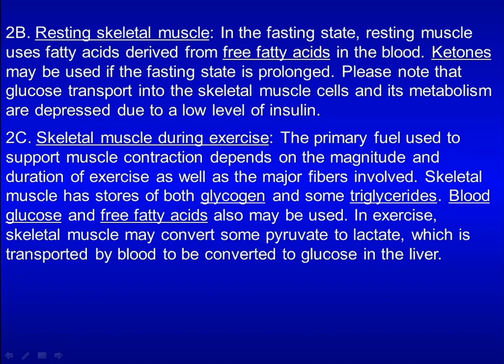It can also use ketone bodies during starvation. During exercise, skeletal muscle can use store of glycogen and triacylglycerol. Skeletal muscle can also use blood glucose and free fatty acids as fuel.